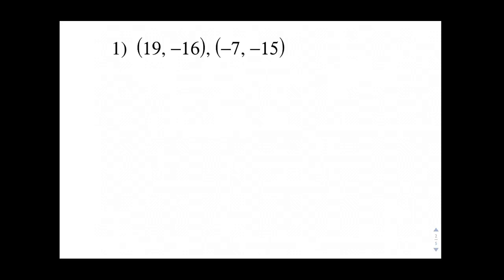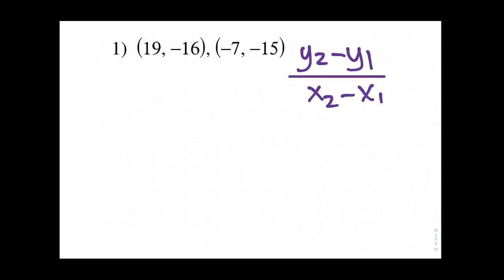I'm going to rewrite my formula, which is that y2 minus y1 all over x2 minus x1. This just means let's take one of the points. Say this one. And we're going to plug negative 15 in for y2. Okay.